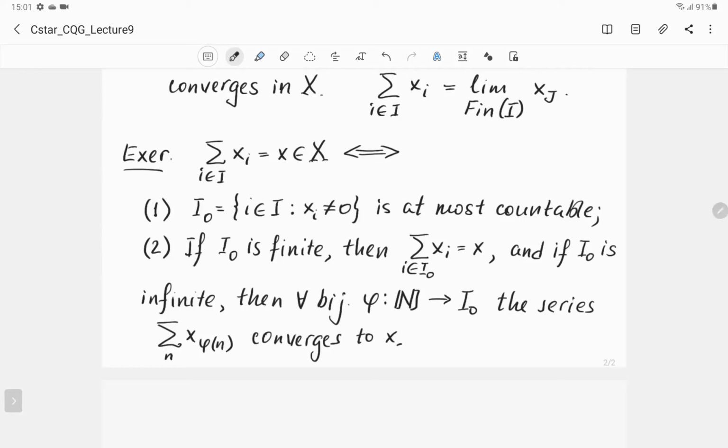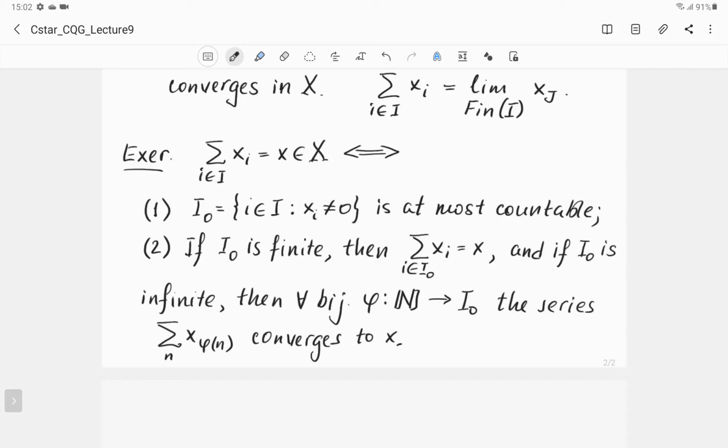So it's important that this property should be satisfied for each bijection. In other words, summable families are essentially equivalent to unconditionally convergent series, that is, those series which converge independently of the order of the elements.